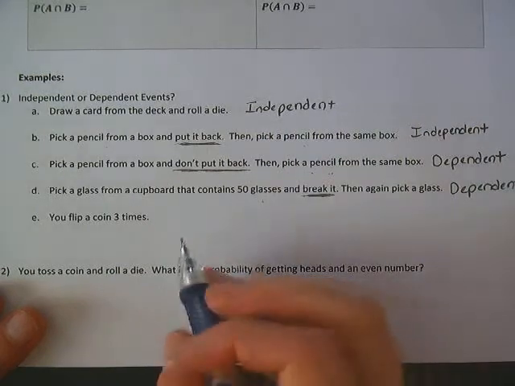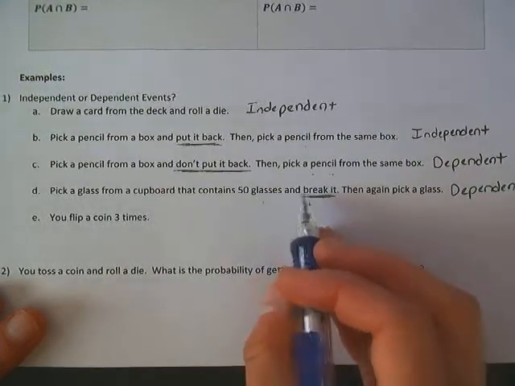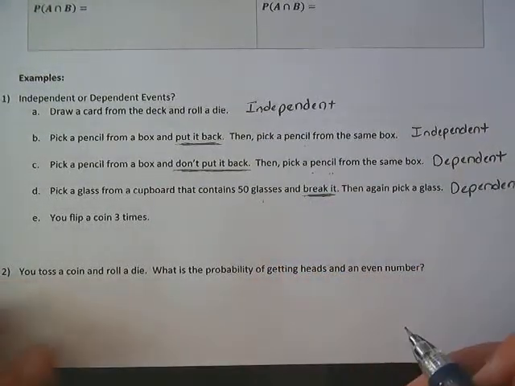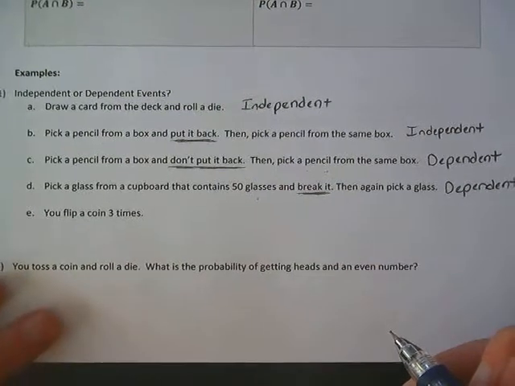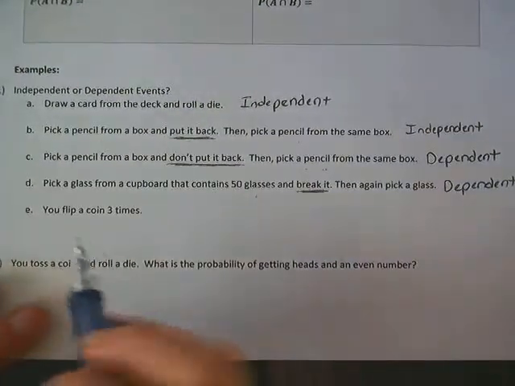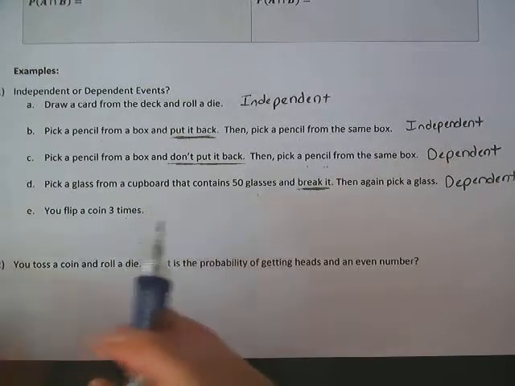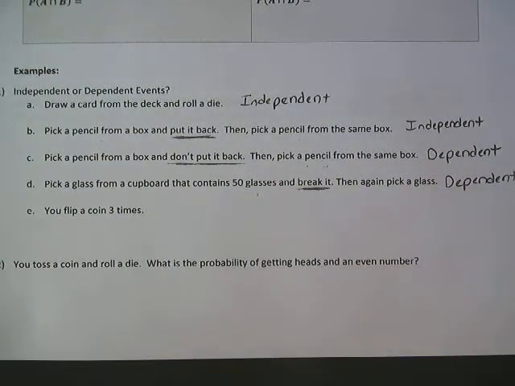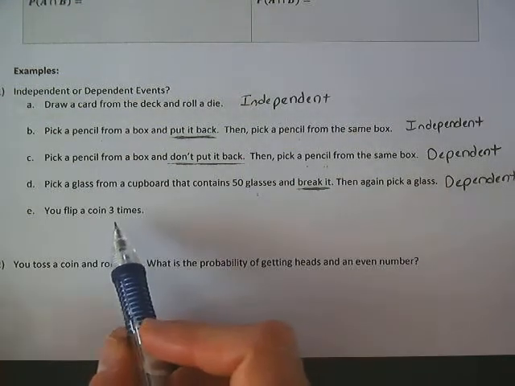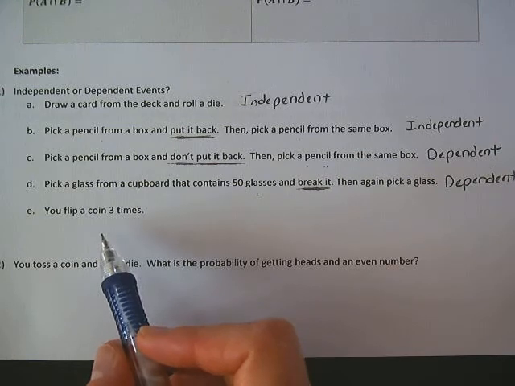Because what we do will affect the next thing that we're looking at. Okay, the last one, it says you flip a coin 3 times. So you take the coin, you flip it, you look at what you get, you flip it again, and then you flip it again. Are those 3 separate flips going to affect each other?